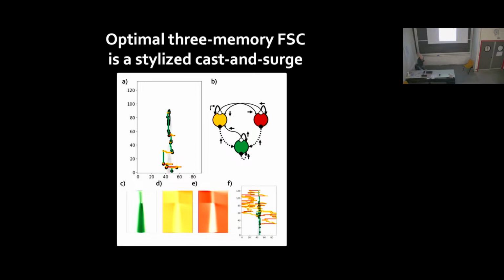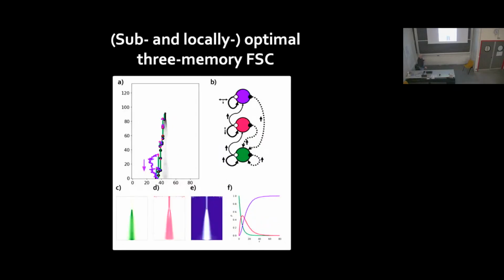Okay, so when you optimize, there are also suboptimal maxima of the optimization, or minima if you're thinking of costs, which have a different structure. For instance, this one has more of a linear structure. It's more of a clock in the sense that it starts green and it's again a surge state.